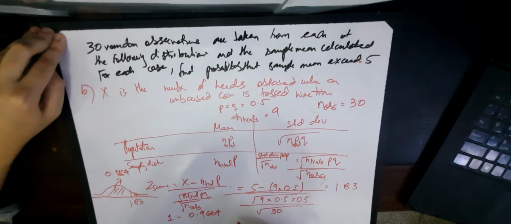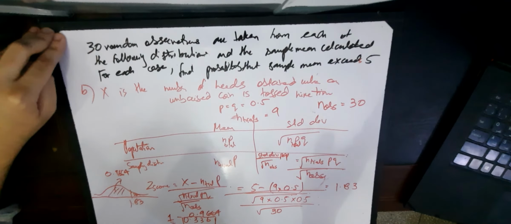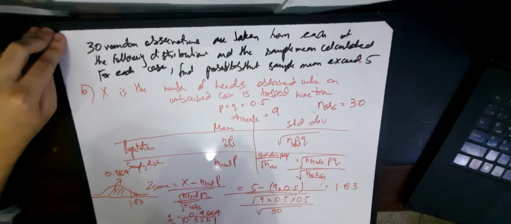This will come out to be 0.0336. So 0.0336 is the area above this 1.83 mark, which signifies the probability of a mean above 5 for this specific sampling distribution.